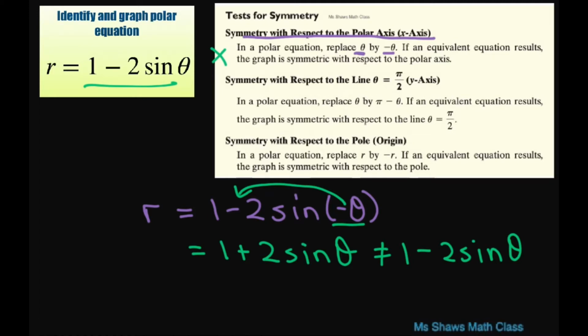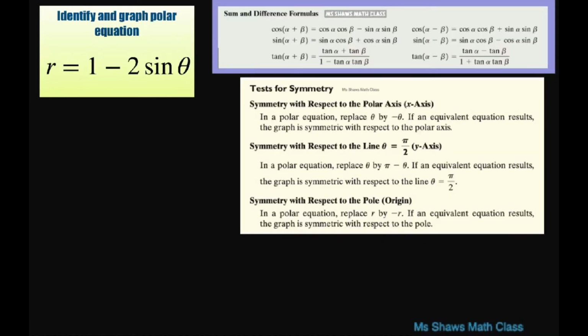Let's see if it's symmetric to the line theta equals pi divided by 2, which is the y-axis. Let's do this test by replacing theta with pi minus theta. So we're going to have r equals 1 minus 2 sine of pi minus theta.